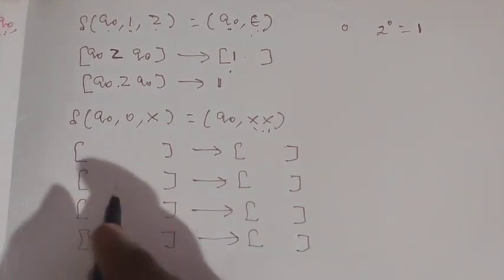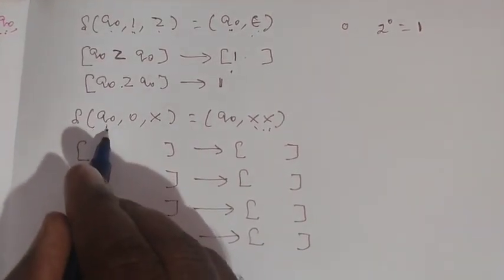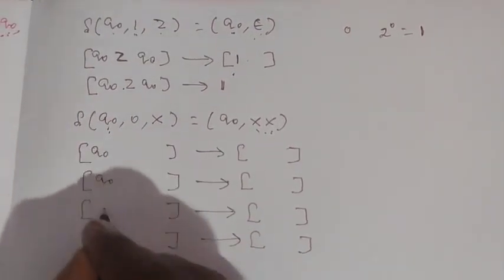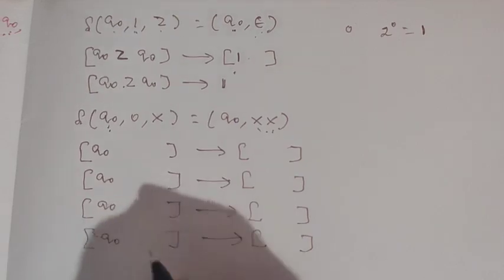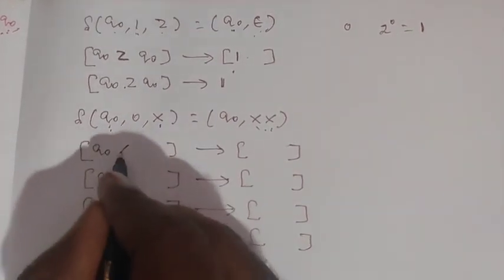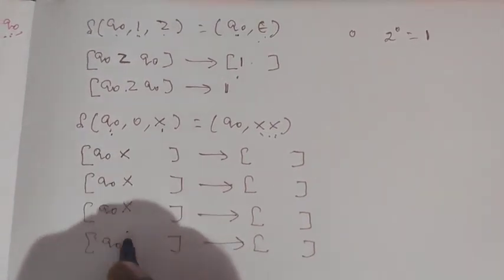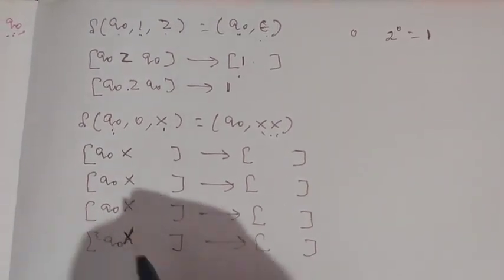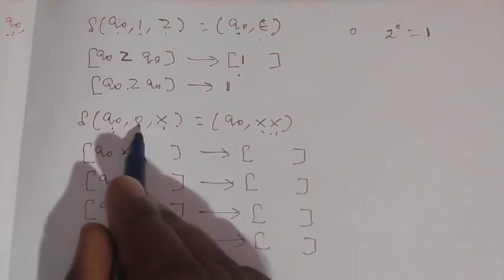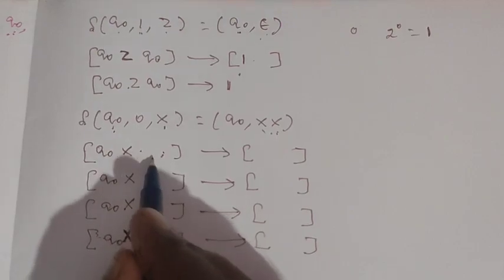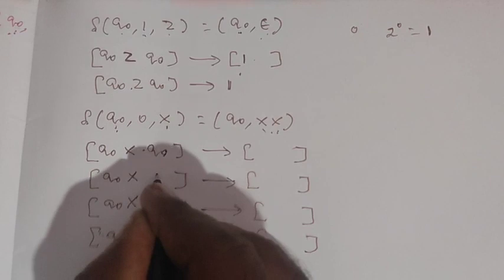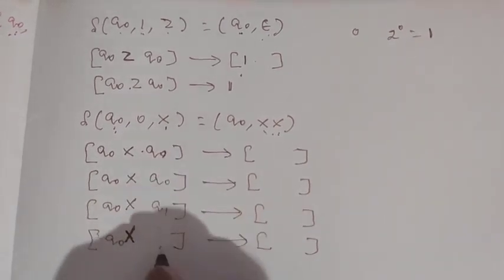Now see here, what is the symbol here? The initial state we are applying is Q0, so write Q0 in all the 4 productions. What is the topmost symbol of the stack in the input? It is X, so write X in the middle. Now what is the output here? The third symbol. Since we have 2 states, we will write Q0, Q0, Q1 and Q1.